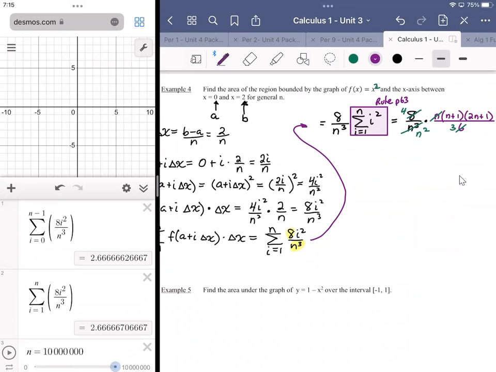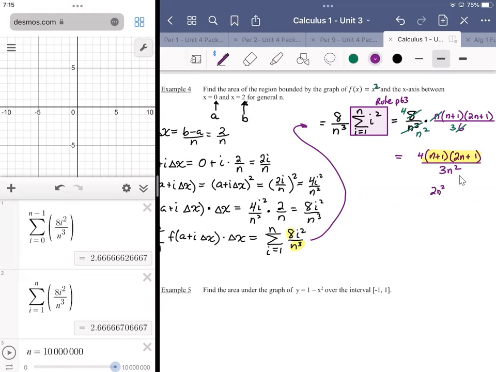So little housekeeping. I'm going to have 4 times n plus 1 times 2n plus 1 over 3n squared. All right, little distributive property. I could hang on to the 4, but when I distribute out these two, I'm going to get 2n squared.